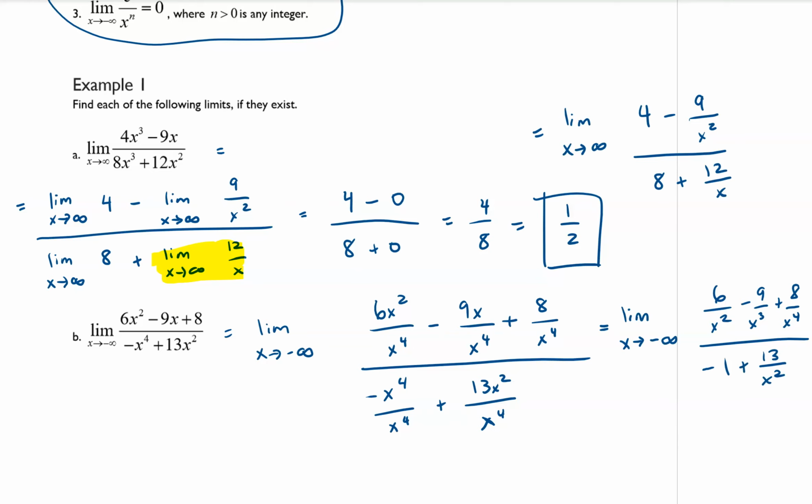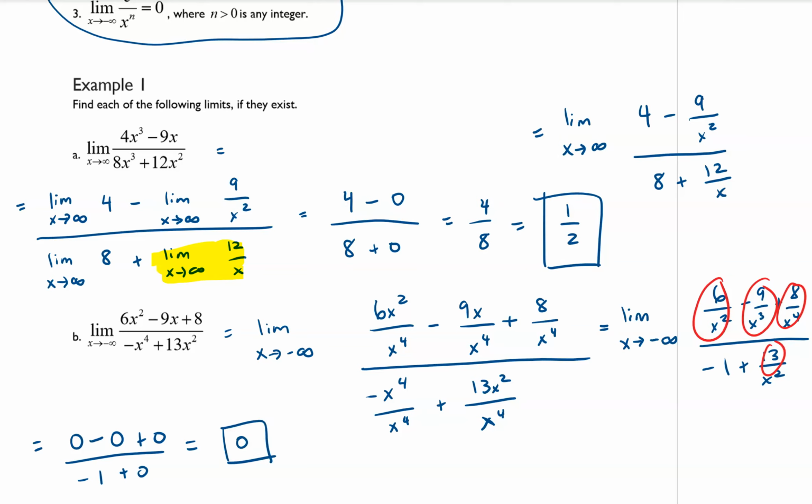Okay, so now this is where we would use property 3 to say that all of these would go to 0, 0, 0, 0, 0. So basically, what we're going to be left with is 0 minus 0 plus 0 over -1 plus 0, which if you simplify that, is equal to 0. So our final limit is equal to 0 here.